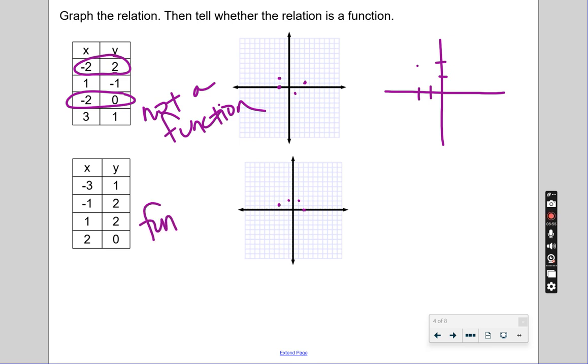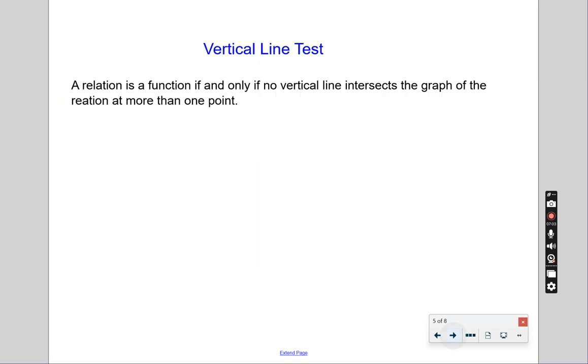Function. Okay, it passes the vertical line test. Each input, exactly one output. You guys already knew it, but here's the definition. So put that in your notes real quick. A relation is a function if and only if no vertical line intersects the graph of the relation at more than one point.